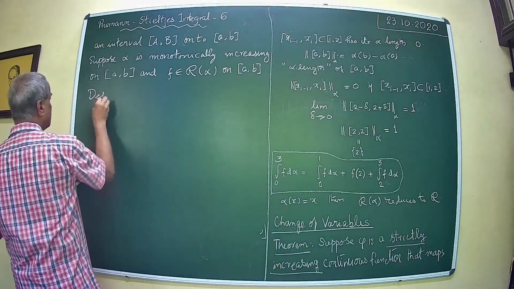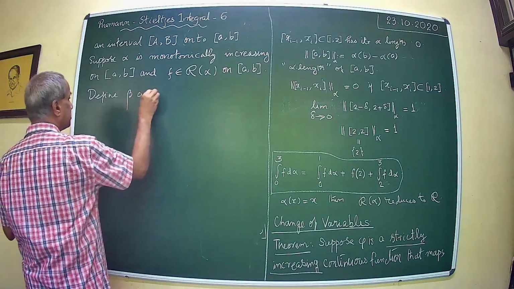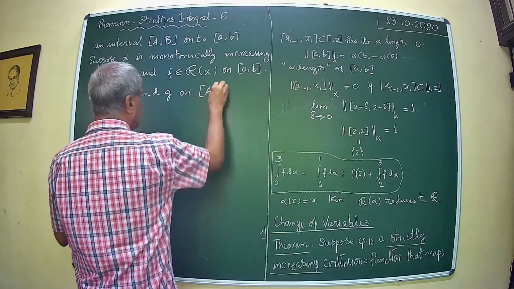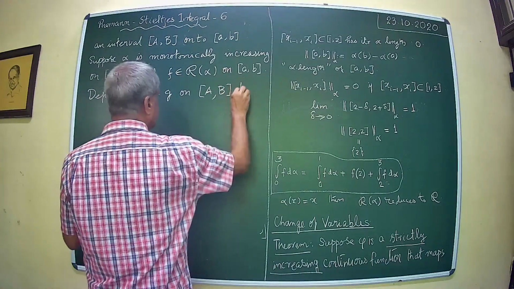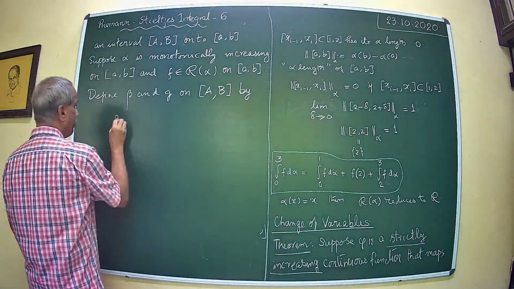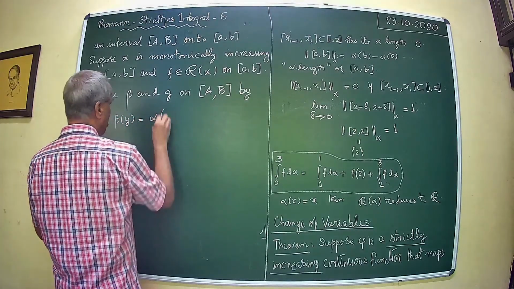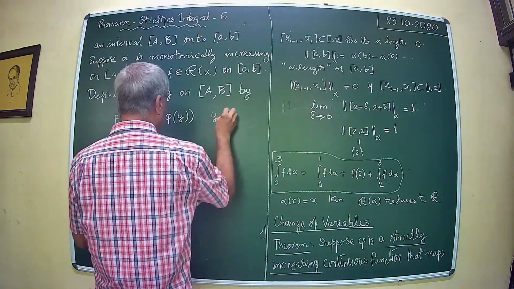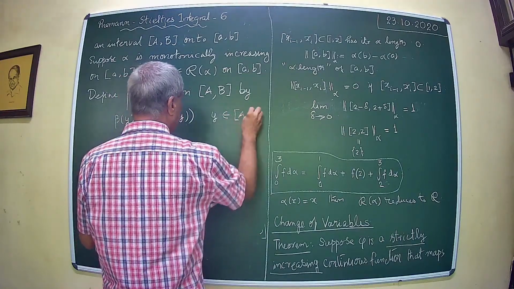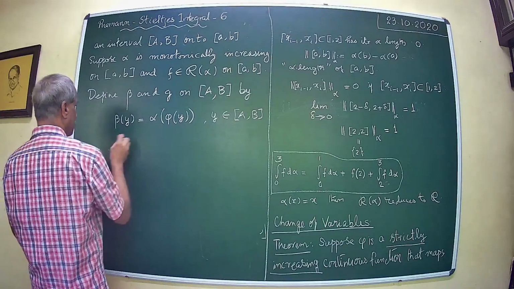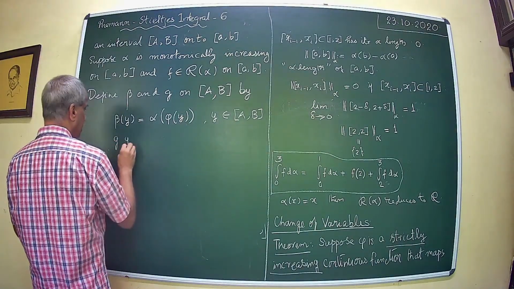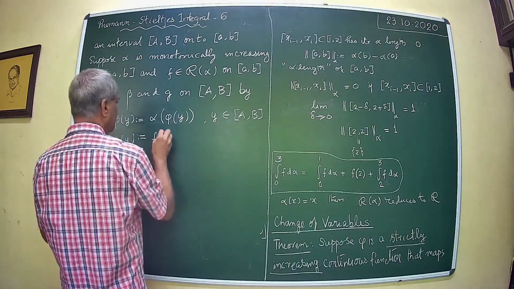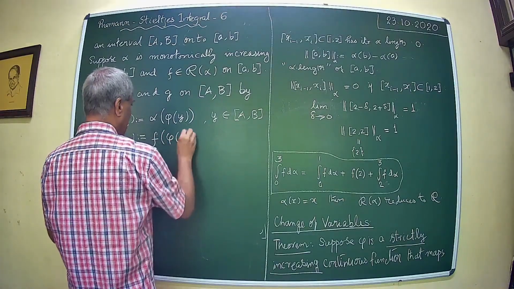Define beta and g on AB by beta y equal to alpha of phi y for y belonging to AB, then g y equal to f of phi y.